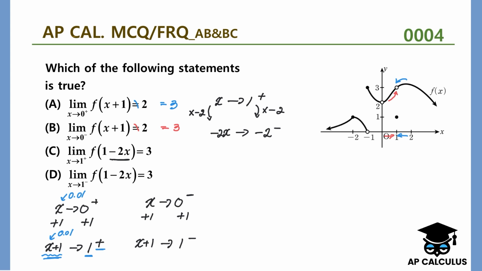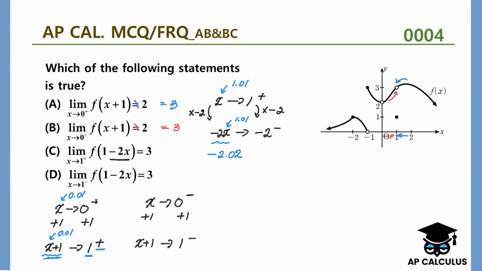Okay, think about this. x has to be a little greater than 1, right? So let's say x is 1.01. If x is 1.01, negative 2 times 1.01 is negative 2.02, right?